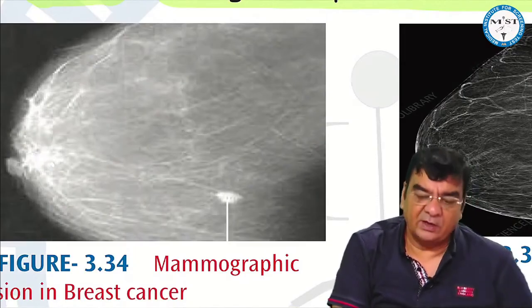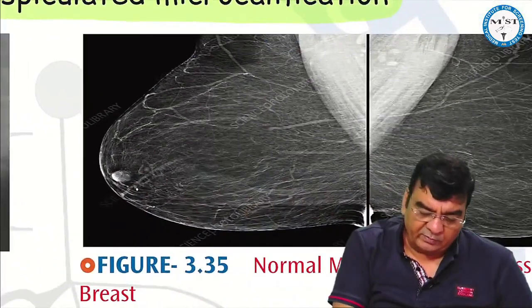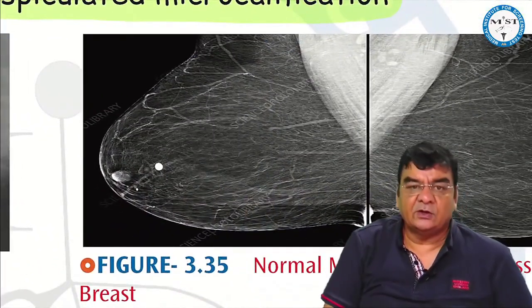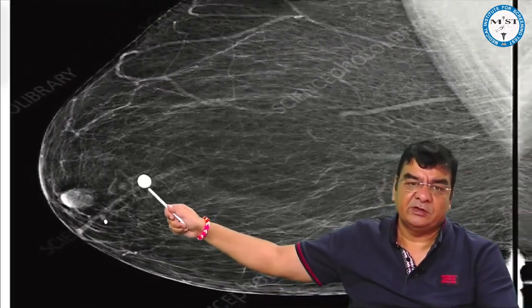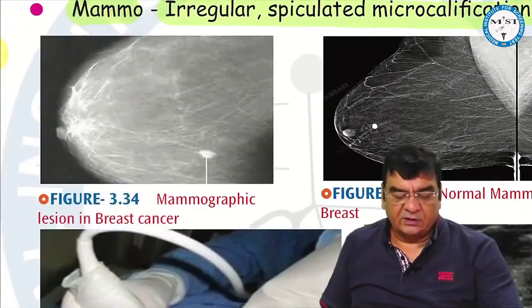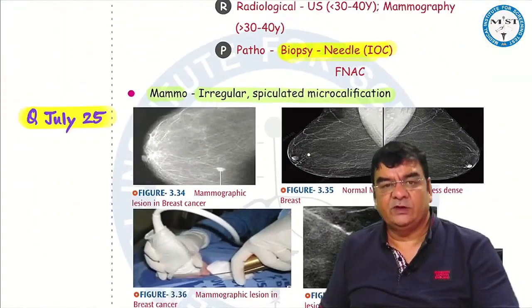But older female breasts are less dense and glandular, and we can easily see the lesion on mammography in a less dense and glandular breast. That is why we say that mammography should be done after 40 years of age.